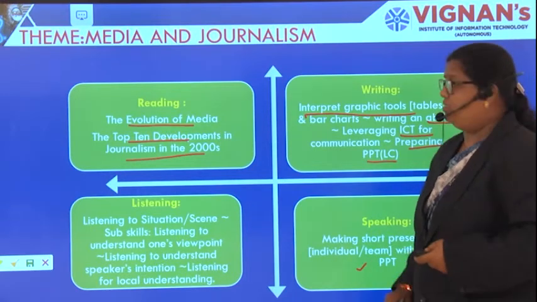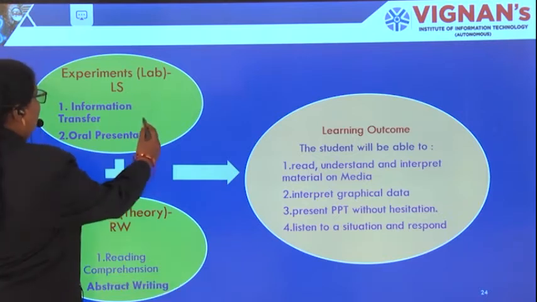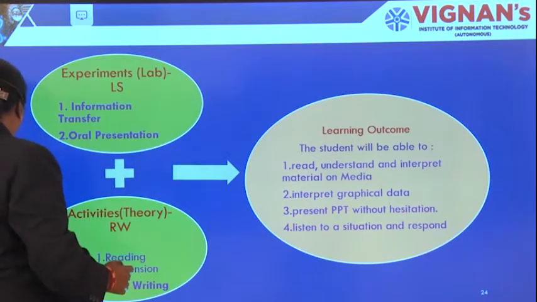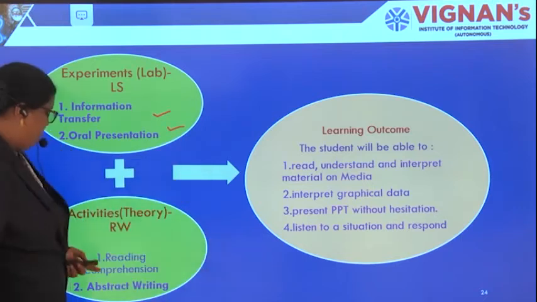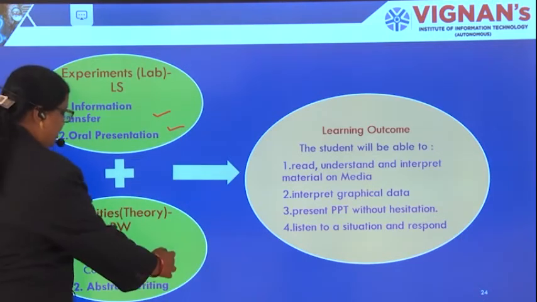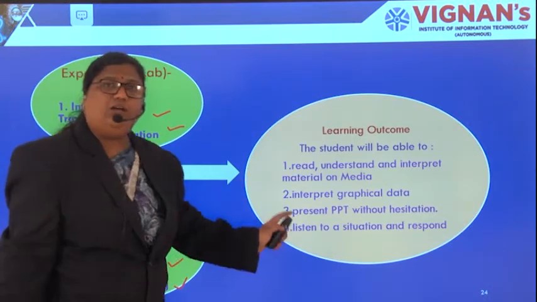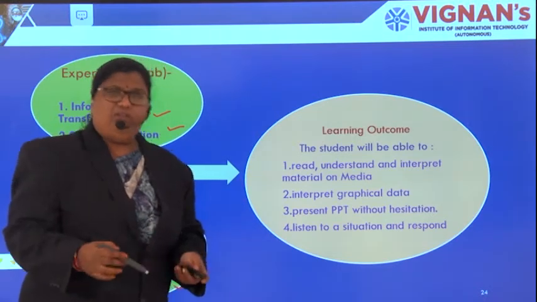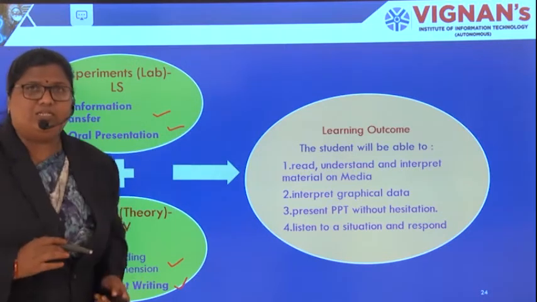That's very, very important. So in the lab task, you have information transfer and oral presentation strategies. And coming to theory topics, reading comprehension and abstract writing, and these are the outcomes. Now you just have an entire look on all these things.